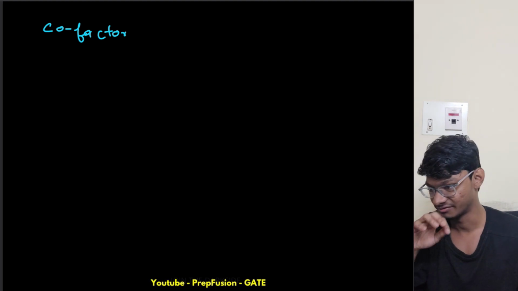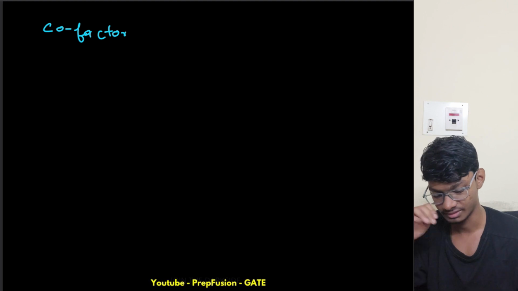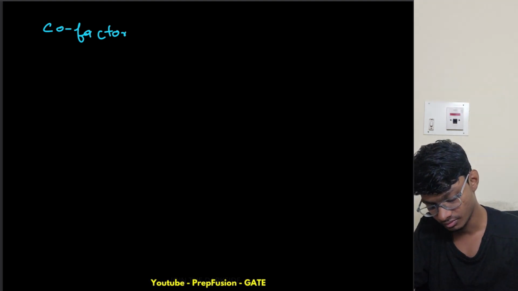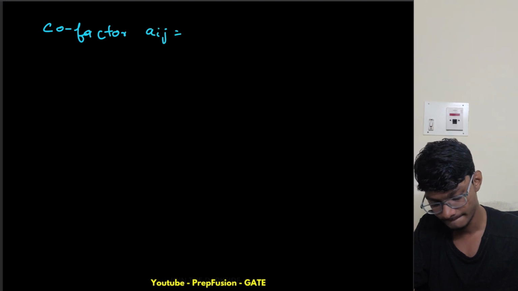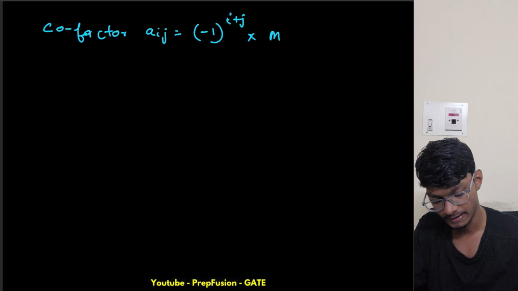If it is even, it is positive, if it is odd, it is negative. Let me explain. Cofactor of aij will be -1 to the power i plus j, where i and j are row position and column position respectively, times minor of aij.